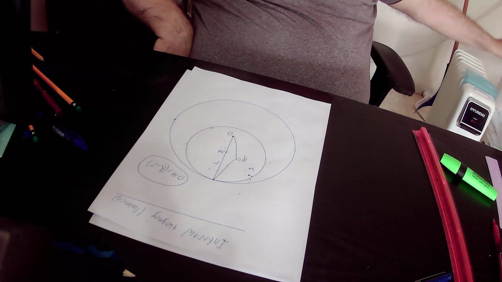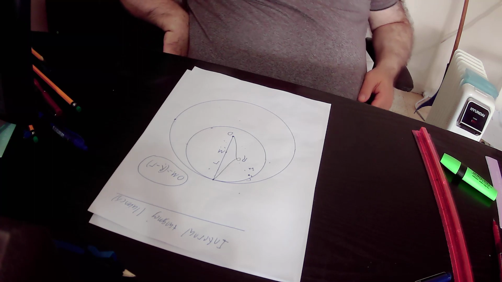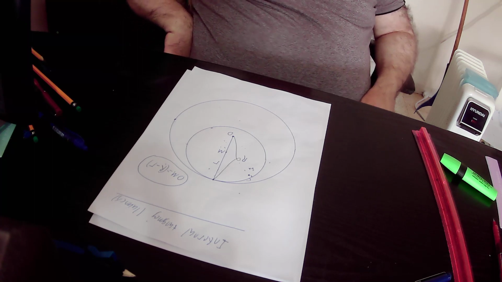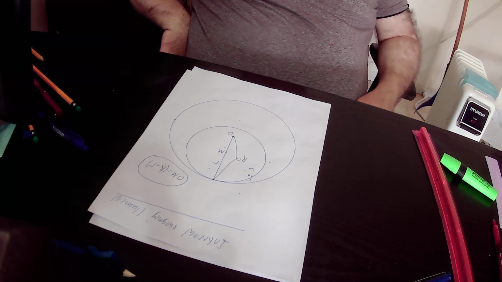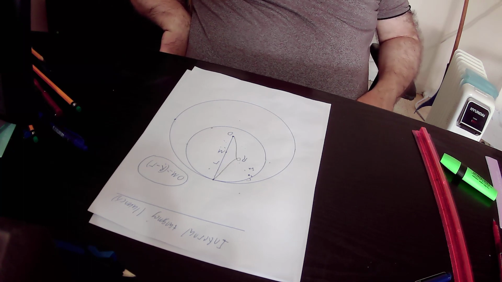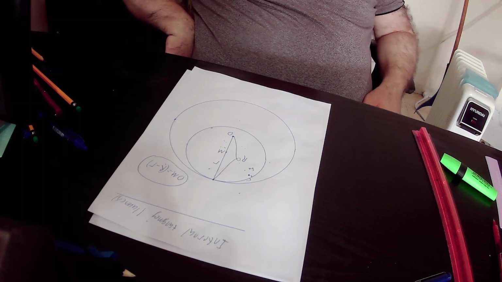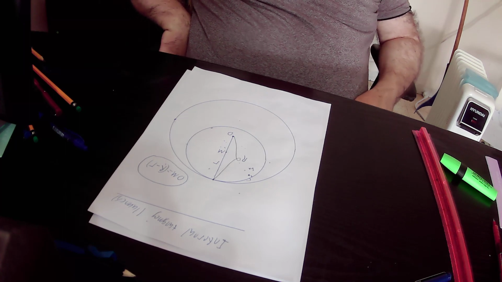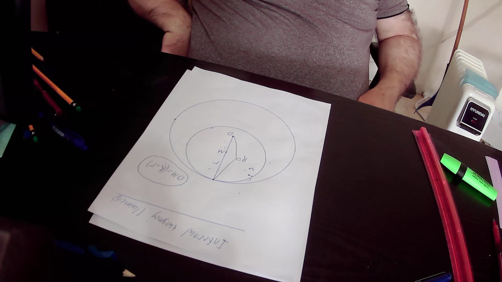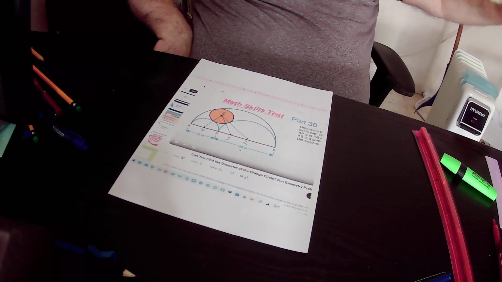And we have also a second type of tangency, when 2 circles touch each other internally, then it is defined as internal tangency, and in this case the distance between the centers will be equal to the difference between the lengths of the radii. In this case, it will be equal to capital R minus small r.